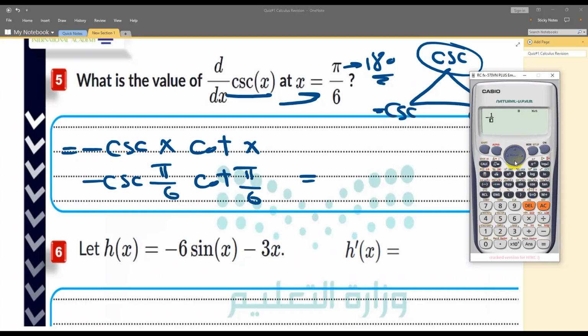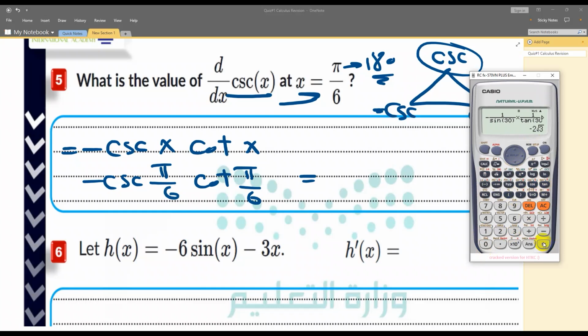Cosecant is the reciprocal of sine, so cosecant will be 1 over sine, and pi over 6 will be 180 over 6, which is equal to 30. So it will be sine 30. Cotan is the reciprocal of tan, so it will be tan 30.